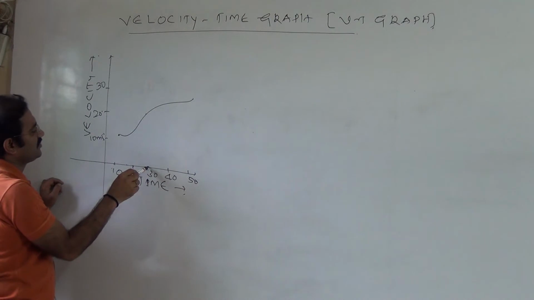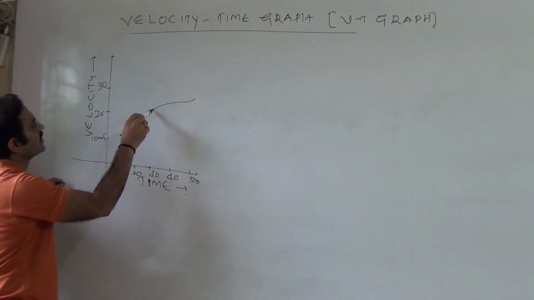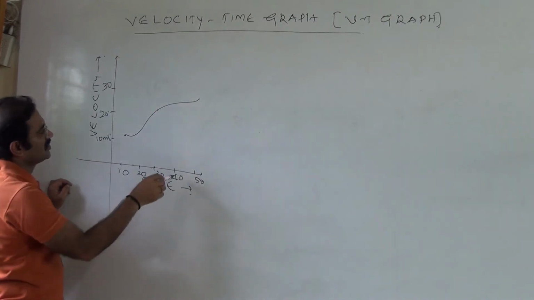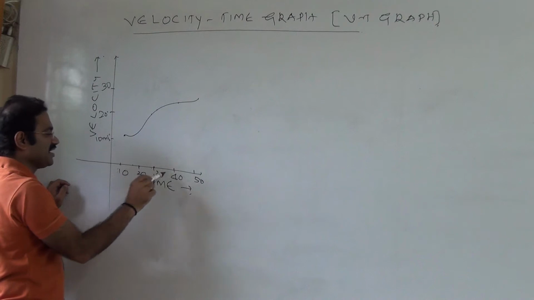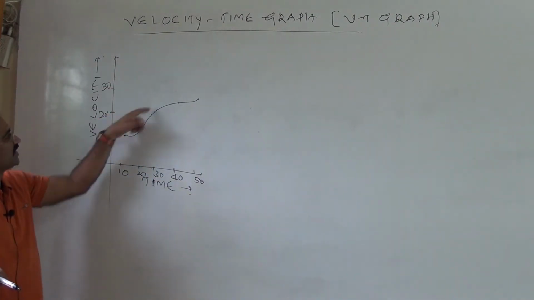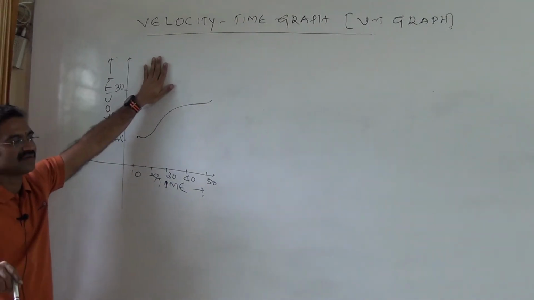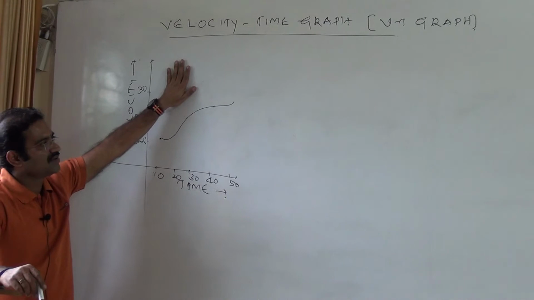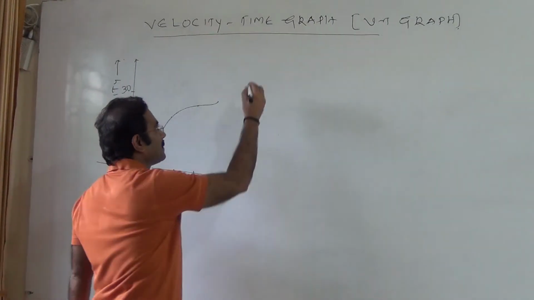After 30 seconds, the instantaneous speed is say 24. At 40 seconds it is 28. It means that at different intervals of time, if we draw the velocities, the resultant curve itself is known as a velocity time graph. In velocity time graph, again we have different types.